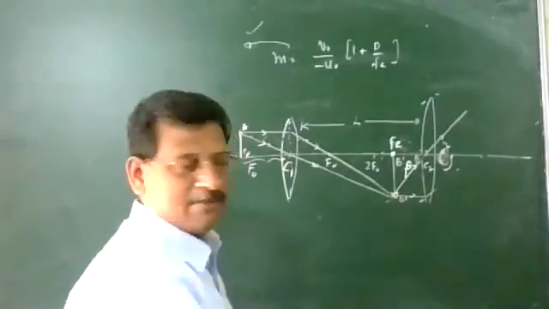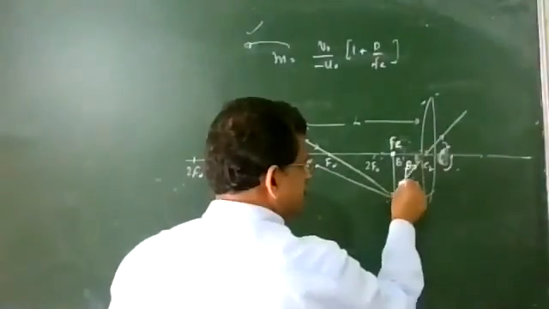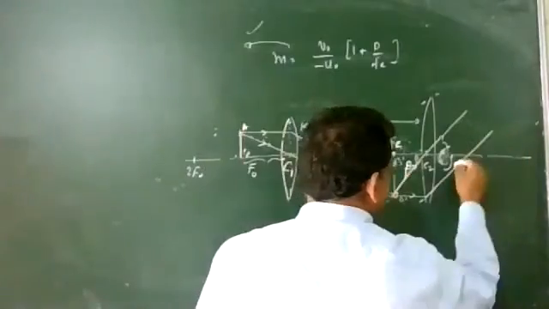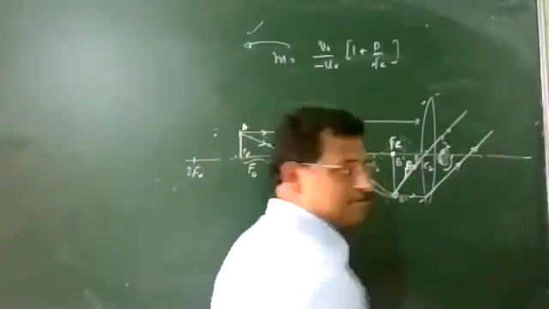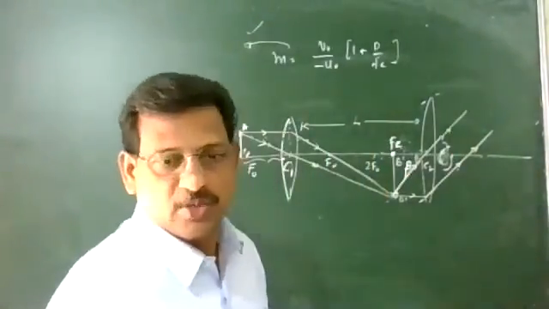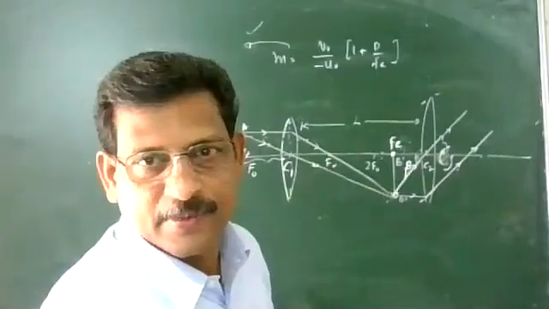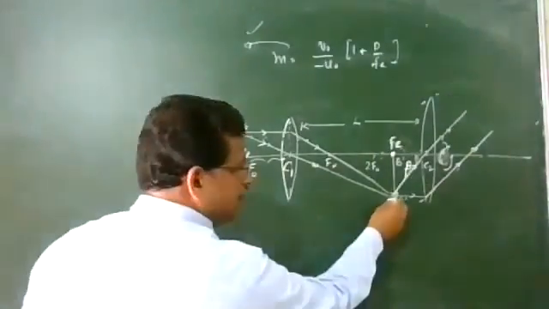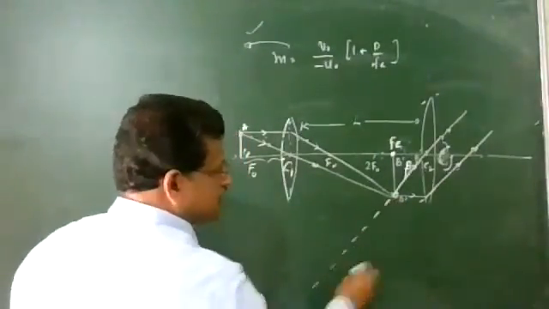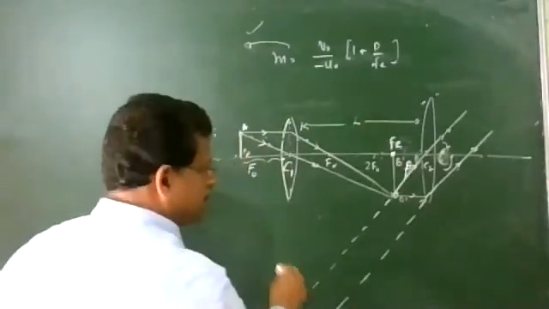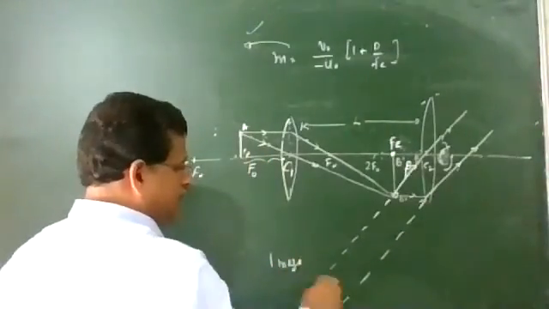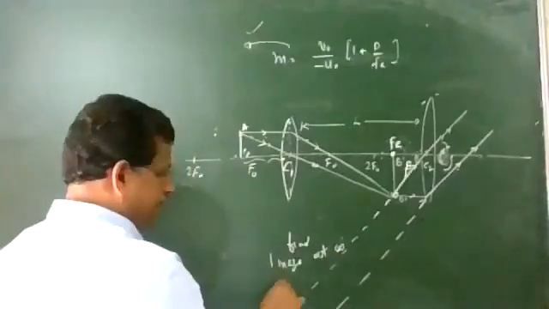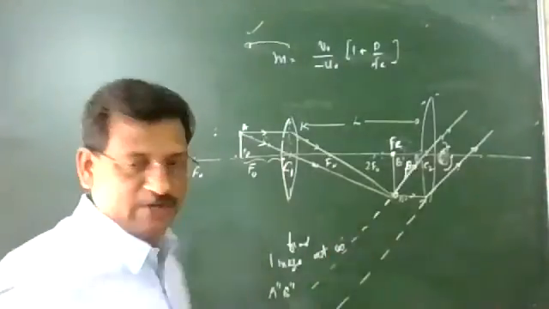Two rays I am drawing. This ray will go like this, and this ray I will take and go like this. And these two rays are parallel. So the final image will be formed at infinity. Extend them: rays are parallel and the final image, A double dash B double dash, will be at infinity.